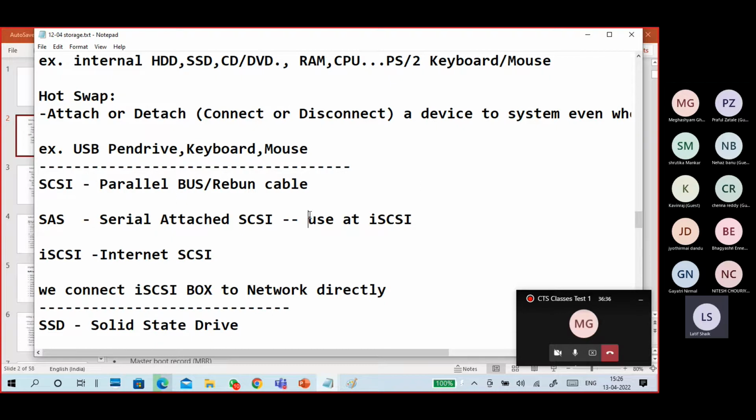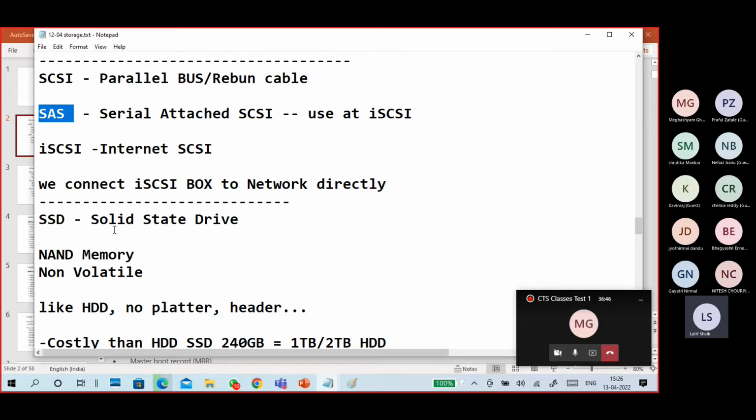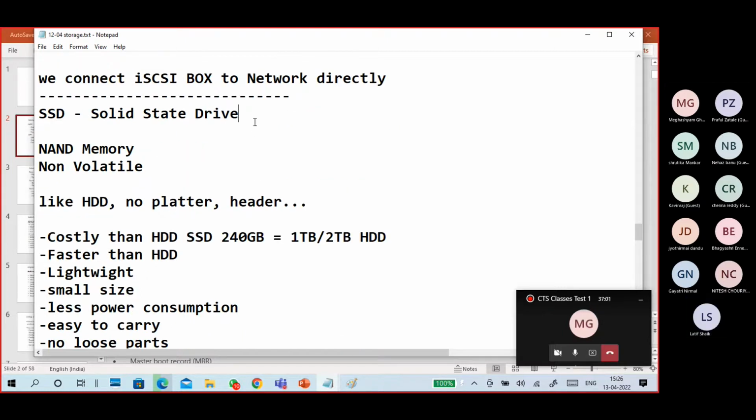Mostly we use this in iSCSI modules. The type of disk is SAS, serial attached SCSI disk. Finally, iSCSI is just a storage bay. We can connect it directly to the network, so there is no need to depend on any dedicated servers.